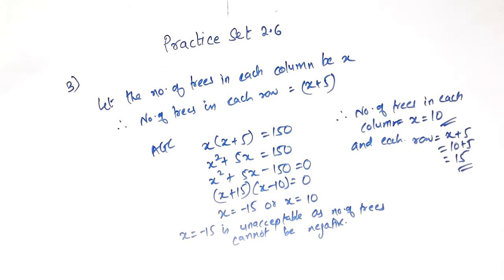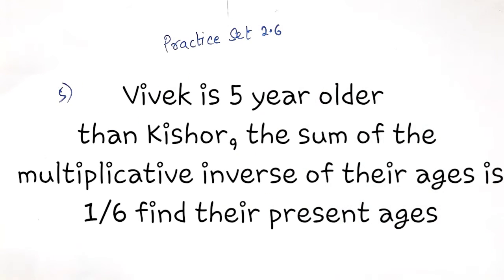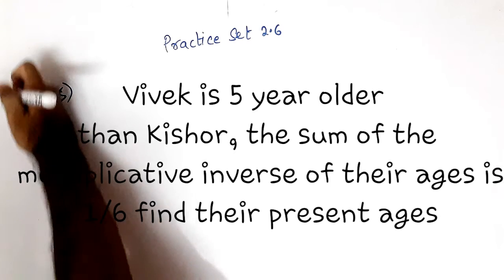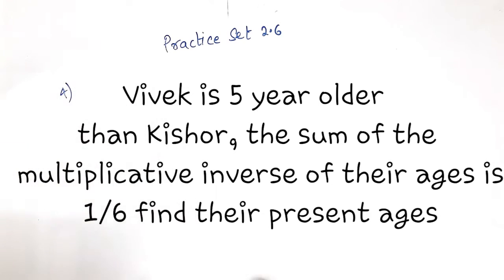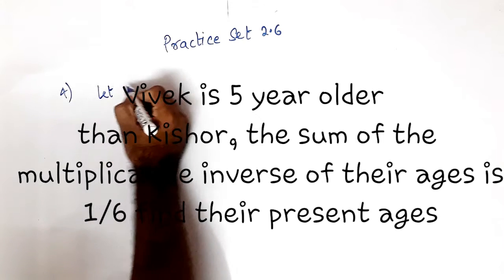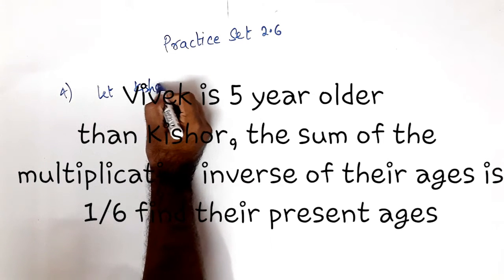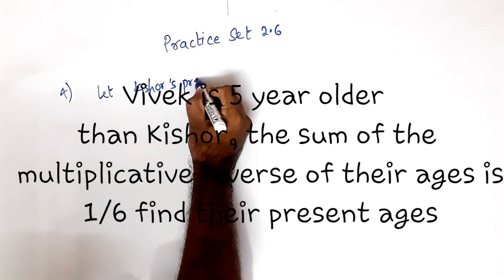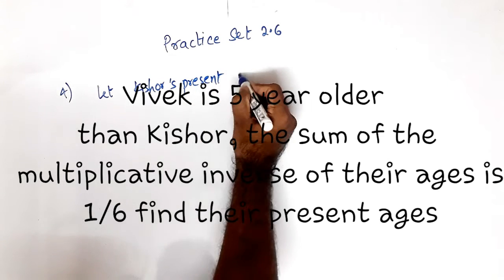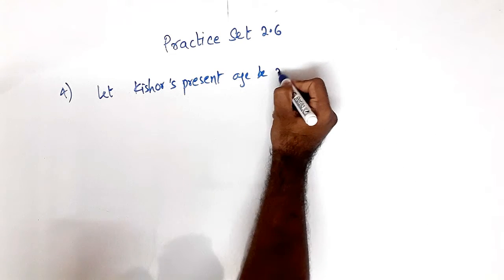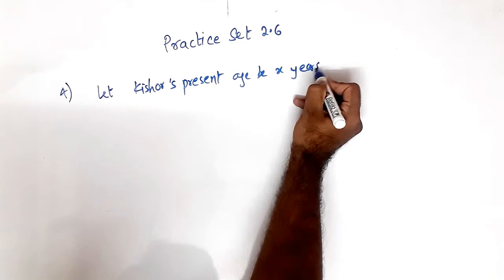Okay, let us see question number 4. Sum number 4: Vivek is 5 years older than Kishore. Very simple. Since Vivek is older, let Kishore's present age be x years.